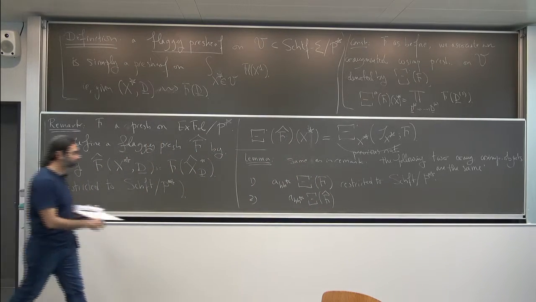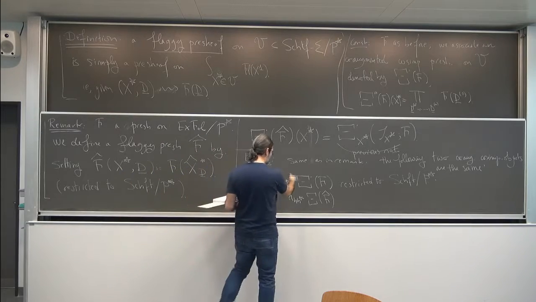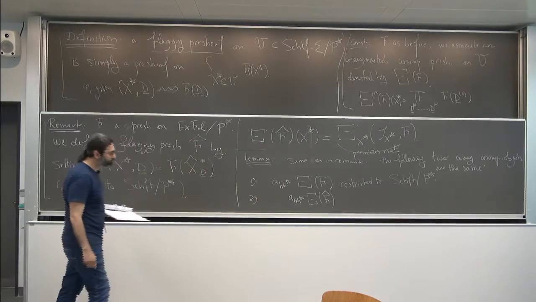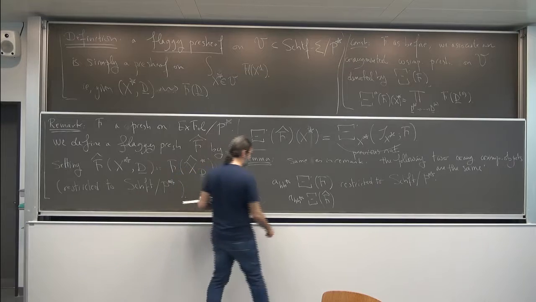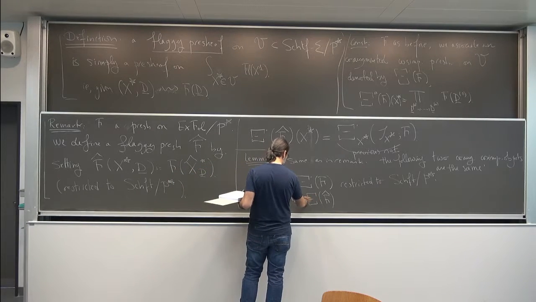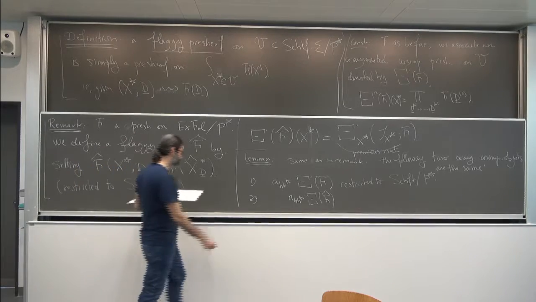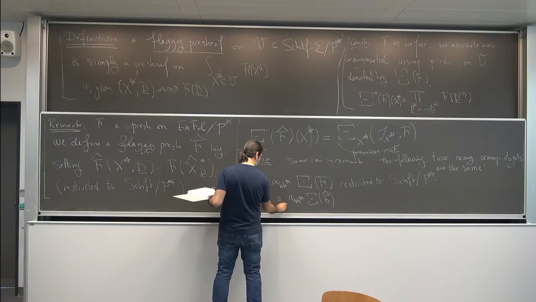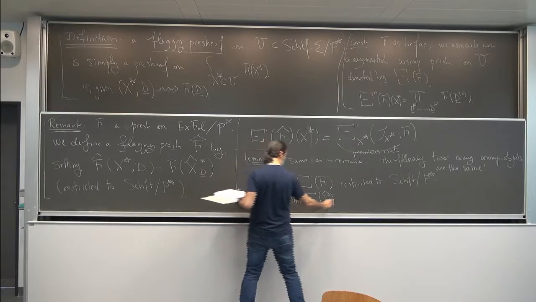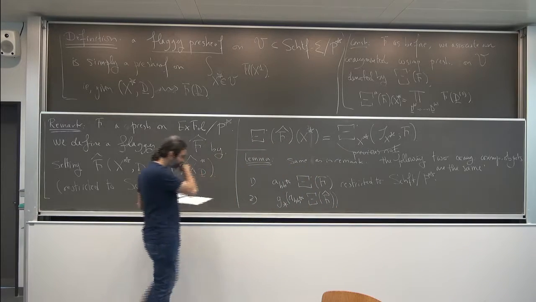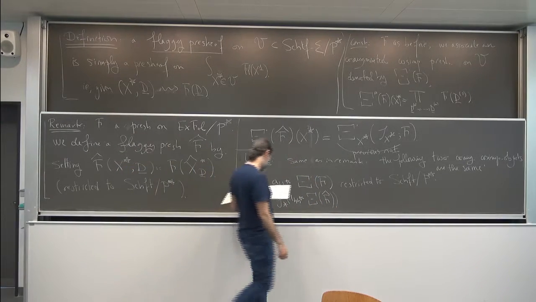Now, see, these two things are not really comparable objects, because this is still a pre-sheaf on stratified schemes, and so to be able to compare them, I restrict via G lower star. Okay, so these two are the same.